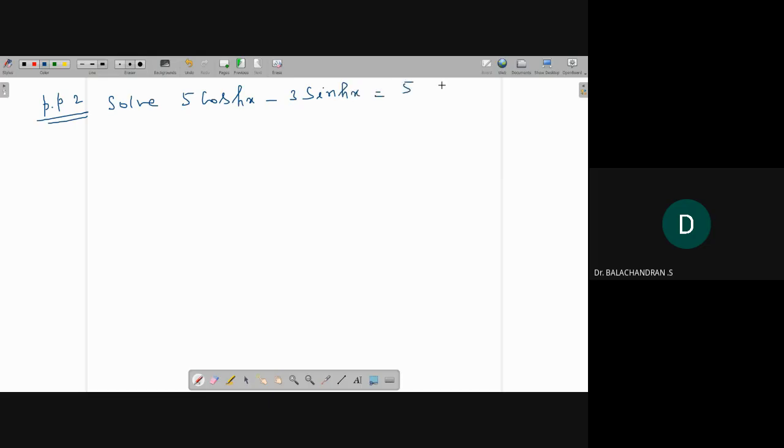The same method. So try to get the answer. I noted down the answer: x is equal to 0 and 1.384 for this problem. Please check it.